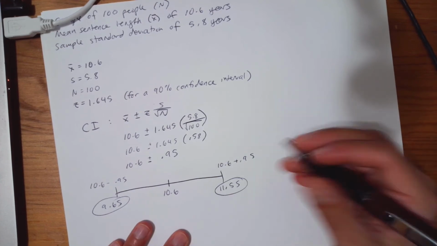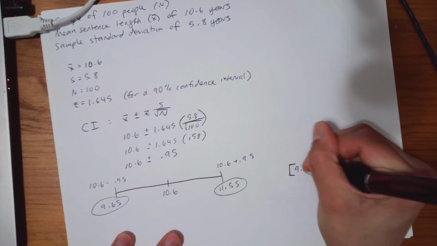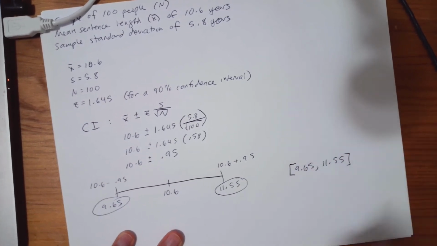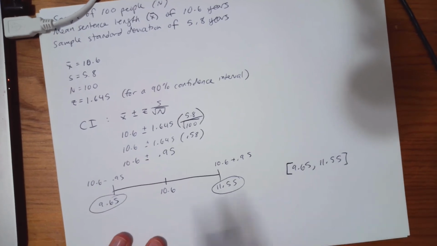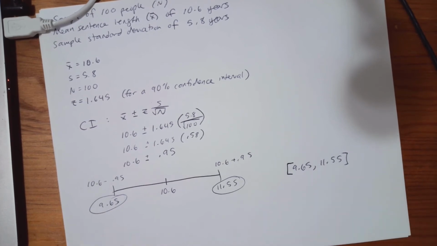And I'll write that out in a second, but another way that you can write this confidence interval is 9.65, comma 11.55. And this is referring to what I showed more graphically here, which is that the confidence interval ranges from 9.65 to 11.55.